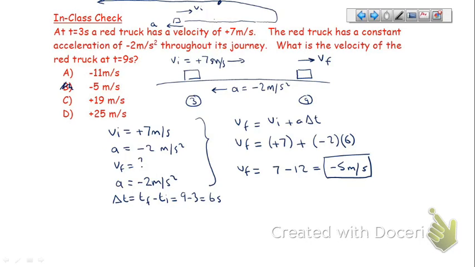So let me tell you a little bit about that. How do I know? Well, if this is at +7, I'm going to be at +6 there, +5 there, +4, +3, +2, +1, etc. Yeah? Because I'm going to slow down as I move to the right.